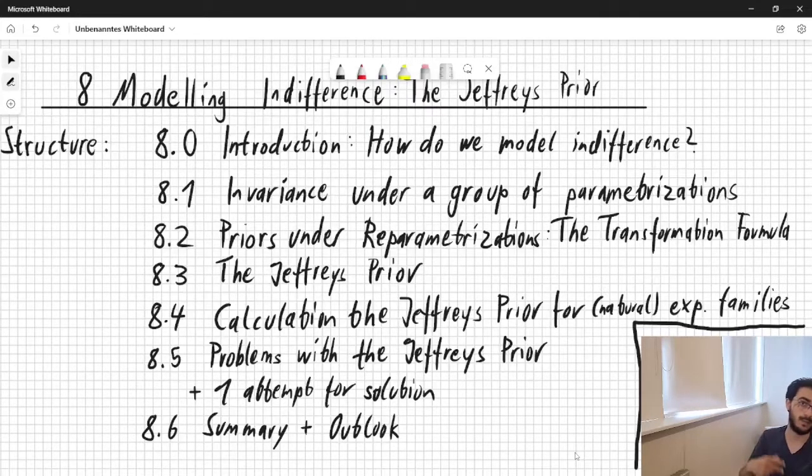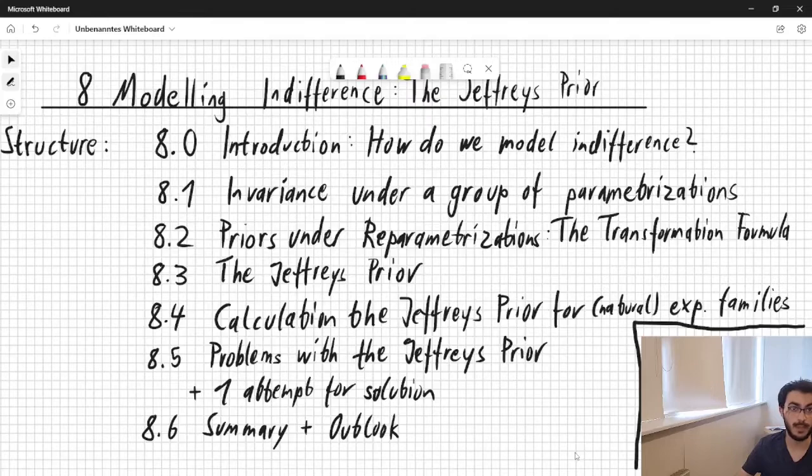For alternatives, go check out the textbook. It talks about alternatives like the entropy maximization prior, which maximizes the entropy, which is our uncertainty.